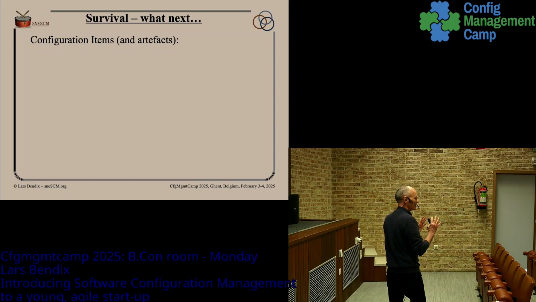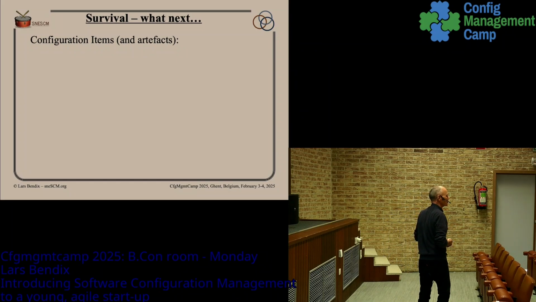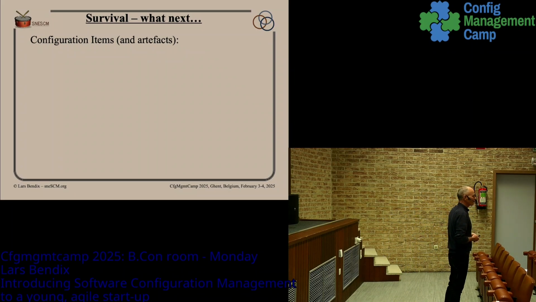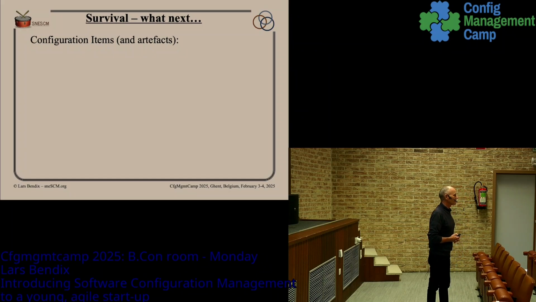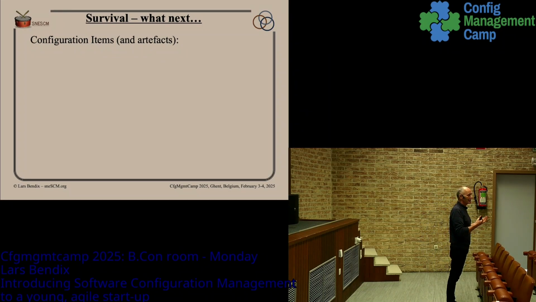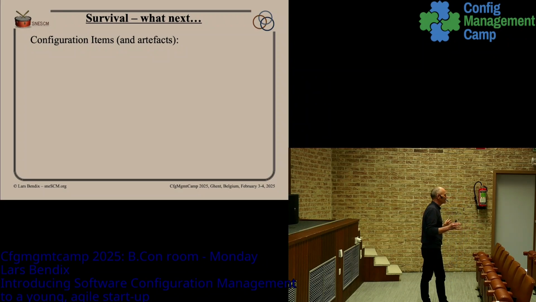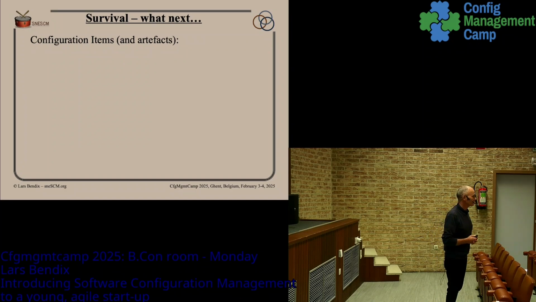A certain part of these artifacts are important, and they become configuration items. And once they are configuration items, they come under the protecting wings of the configuration manager. And the configuration manager will take care that nothing bad happens to these configuration items.